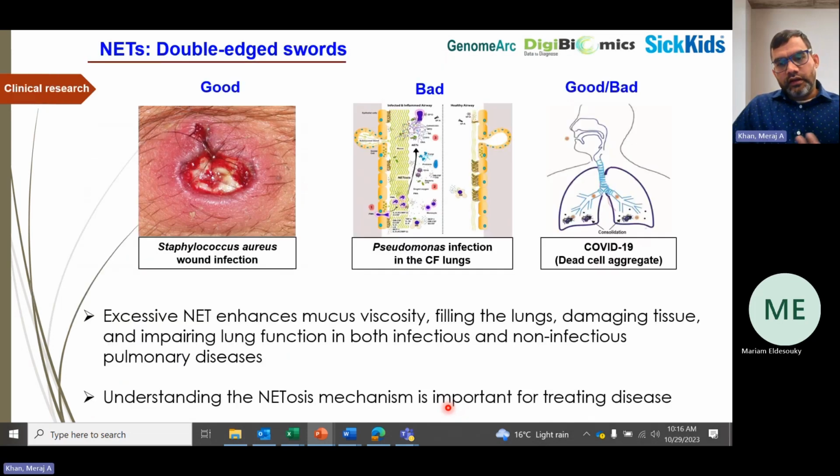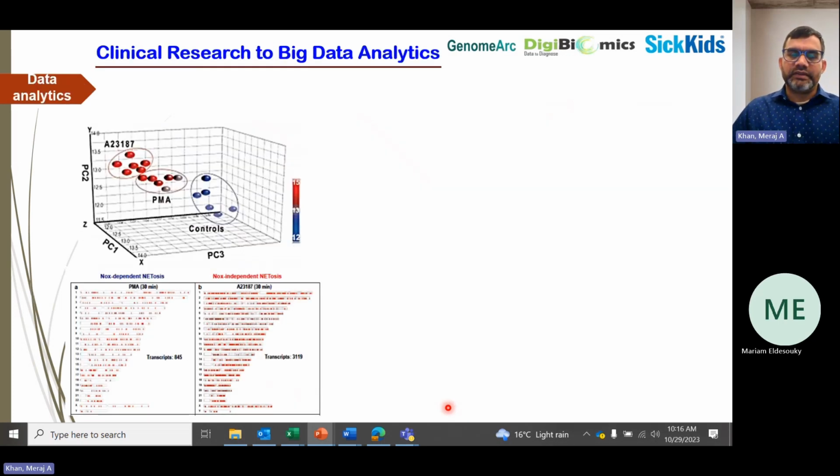So as I mentioned, we applied many approaches to understand this mechanism, and the one approach which I'm going to share here is transcriptomics. What I did here, we took the neutrophils and treated them with two different agents. One is PMA, one is ionophore.